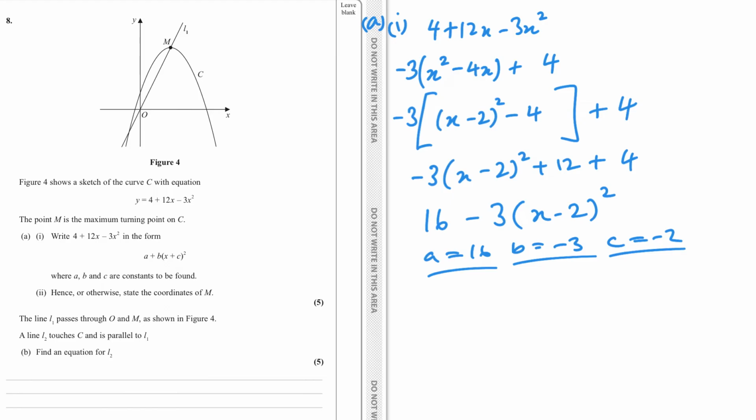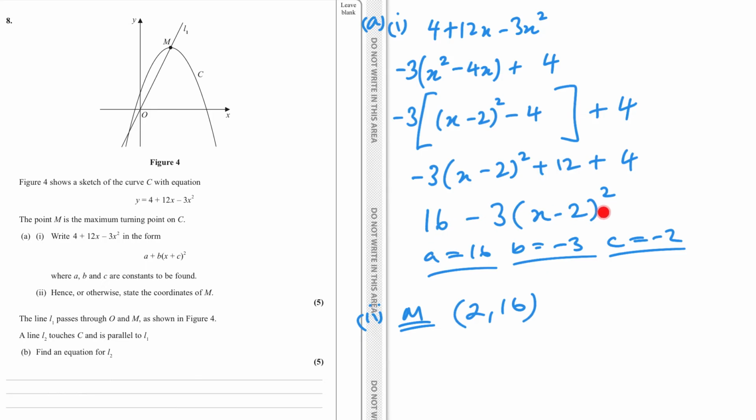Hence or otherwise state the coordinates of M. So M will happen at a turning point. Okay, so in this case, the largest value is going to be 16 when this is 0. So our y value is 16 and our x value is 2. Because when I substitute 2 in here, this becomes 0.